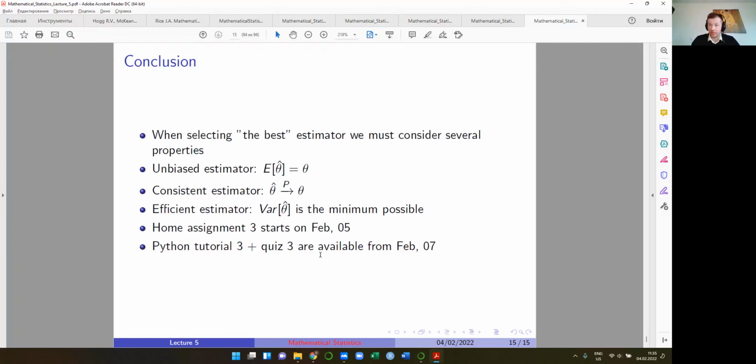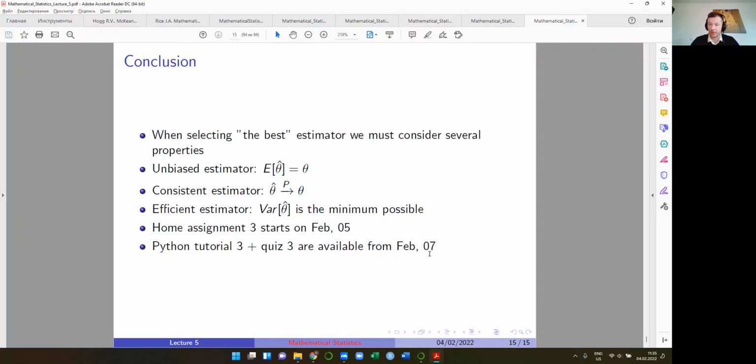Well, and we will keep moving with Python. There is going to be tutorial number 3 after the weekend and quiz number 3, which are going to be available hopefully on Monday. I plan to introduce you to working with Excel spreadsheets: how to upload an Excel file and Excel table into Python, how to work with these, and how to apply the familiar functions like calculation of the mean or sample variance, finding the maximum and minimum, and so on.